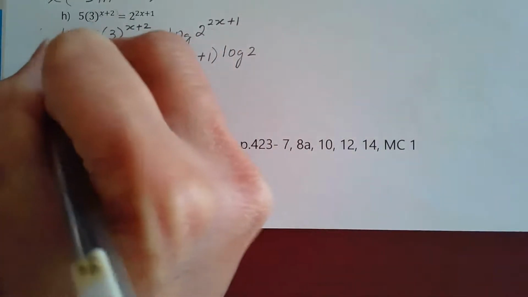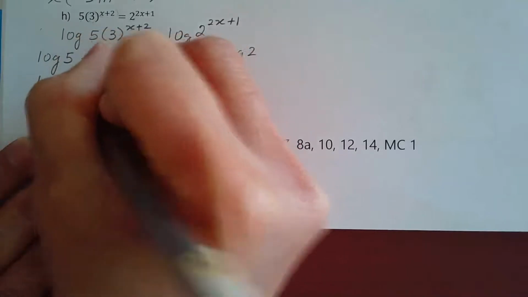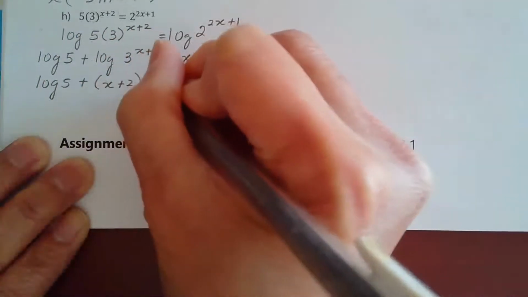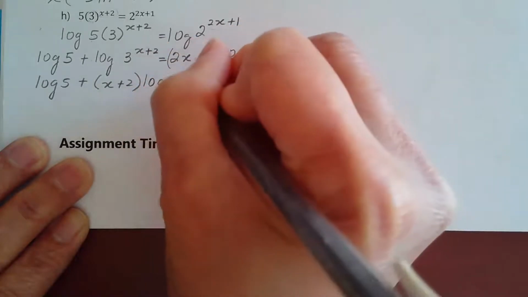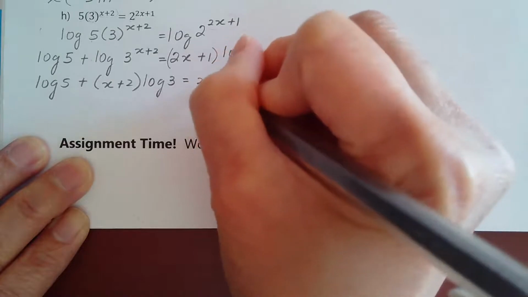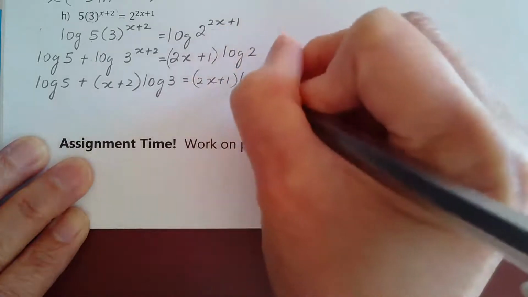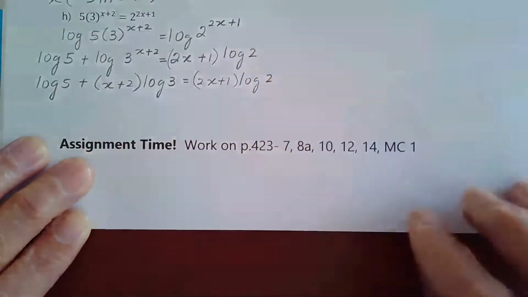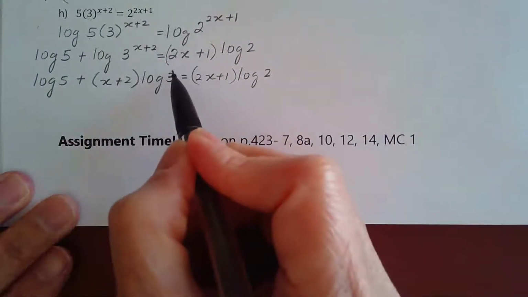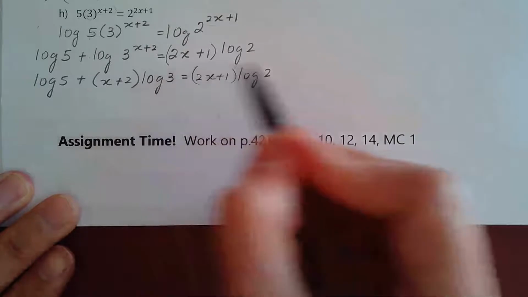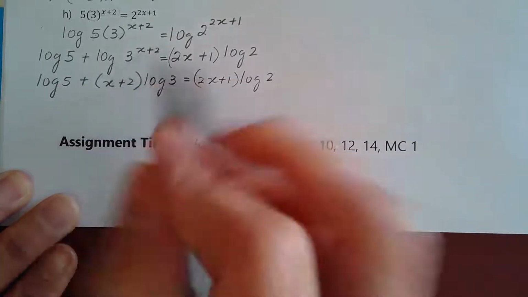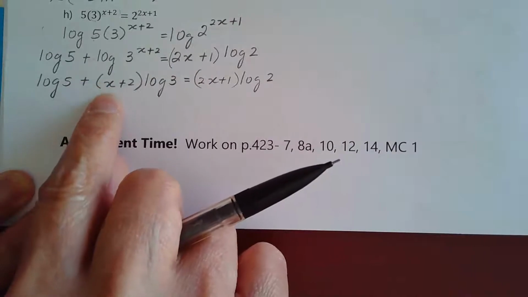So this is still logarithm of 5 plus x plus 2 times log of 3 equals 2x plus 1 times log 2. As you can see, there are no more exponents, and all of the x's are down here.